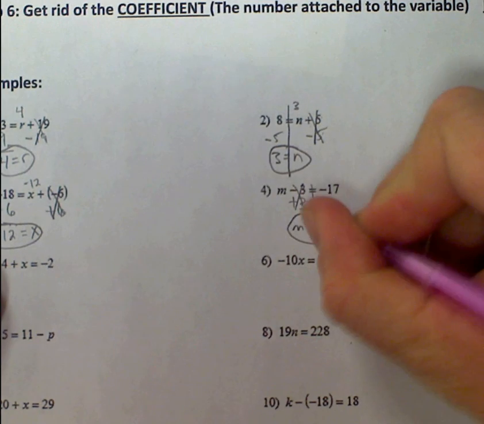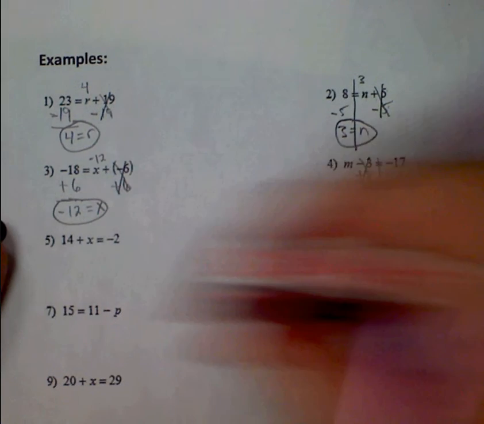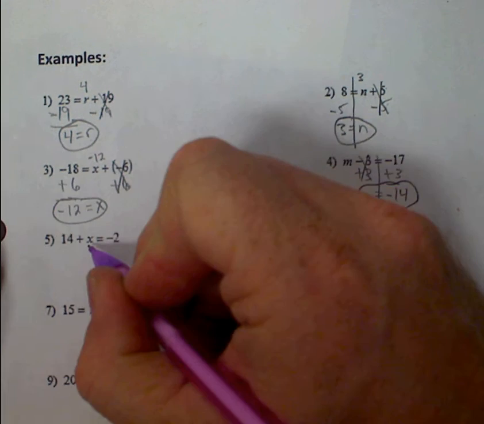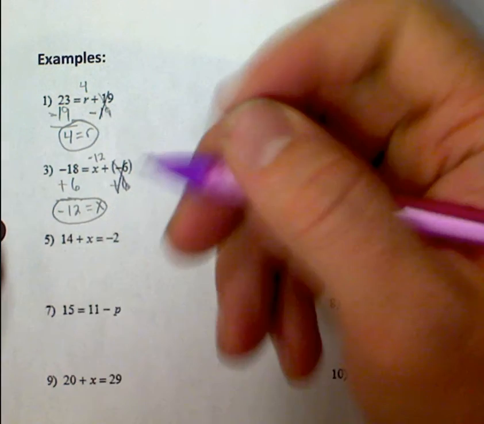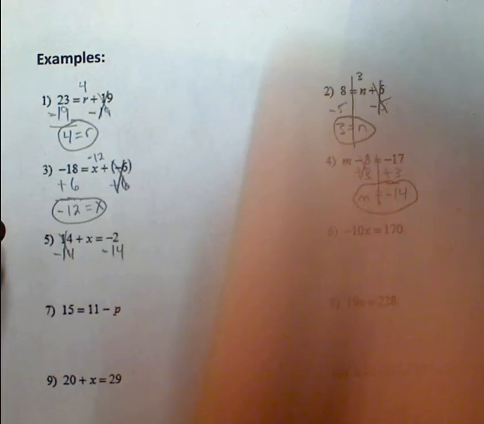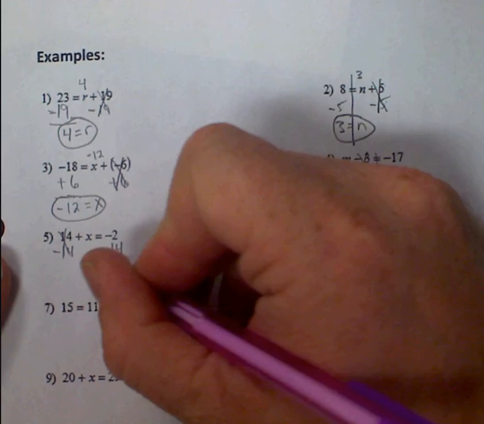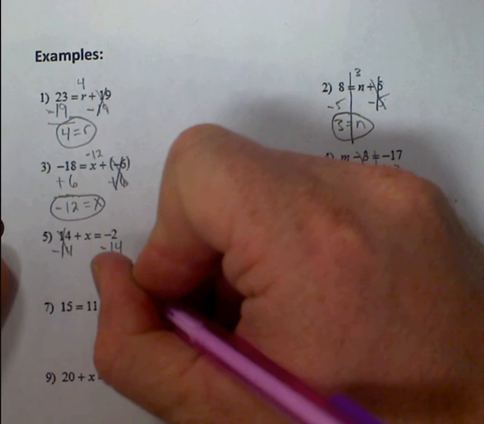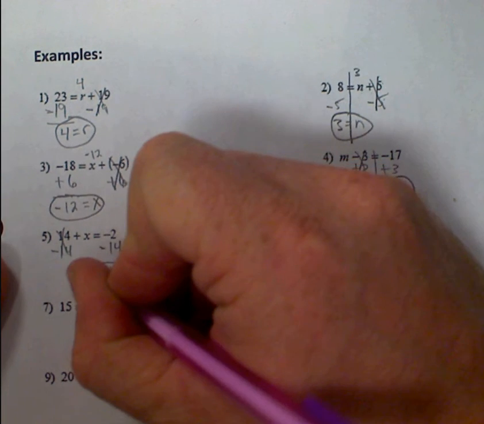I'm less in debt because I add 3. Number 5, pause the video and try. On number 5, if I'm adding 14 to my variable side, I have to subtract 14 to get rid of it. Negative 2 minus 14. If I'm in debt 2 and I take another 14 away, I'm more in debt. I'm in debt 16.